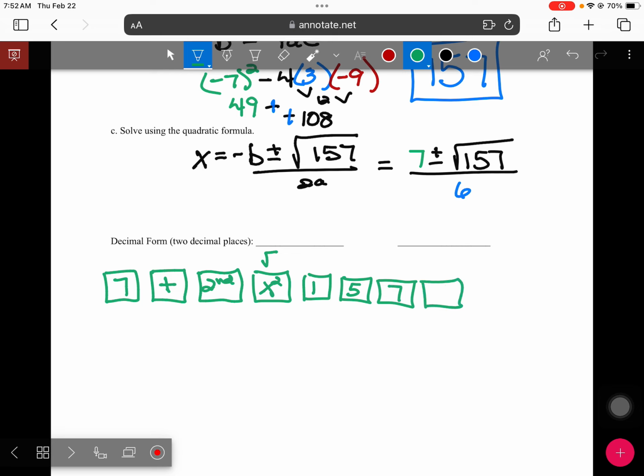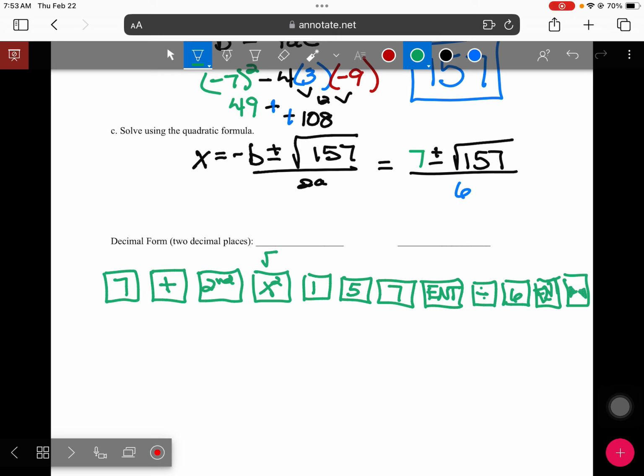Then you hit enter. And that gets you your numerator. Then divided by 6. Hit enter again. ENT for enter. And then the little arrows.